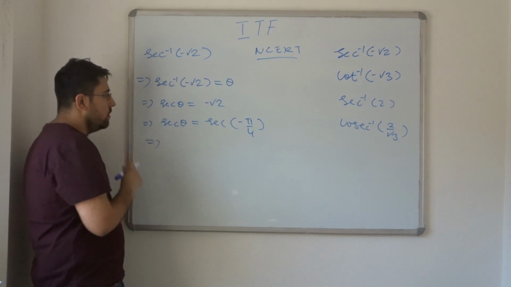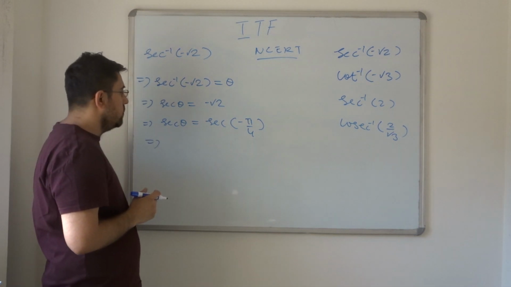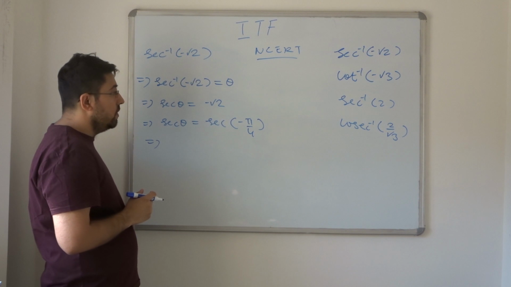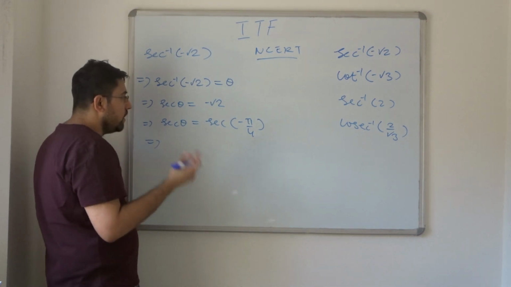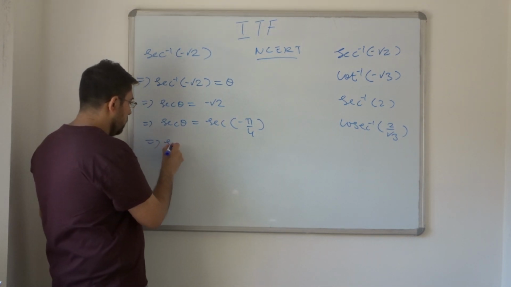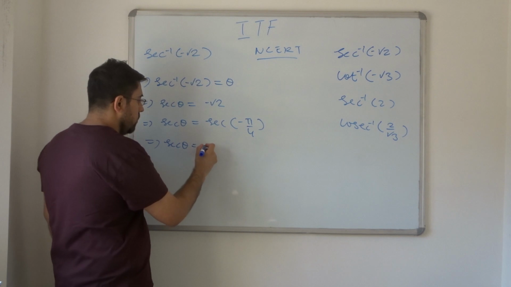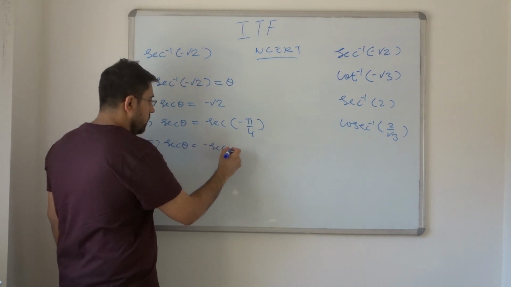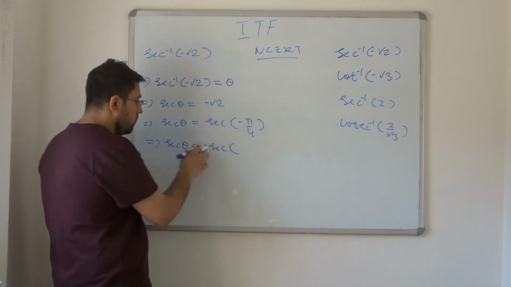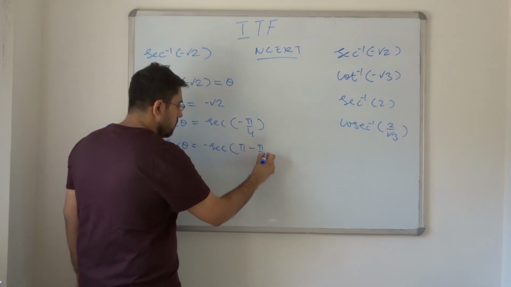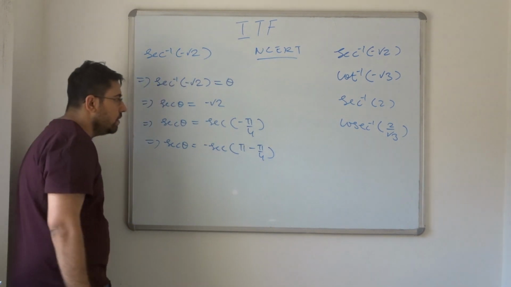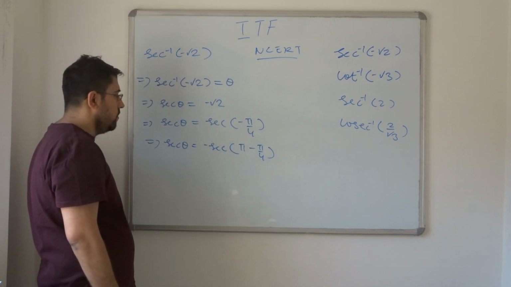So now what do you do, guys? Remember that you now have to take out the negative. You take out the negative here and you do this: pi minus pi by 4.